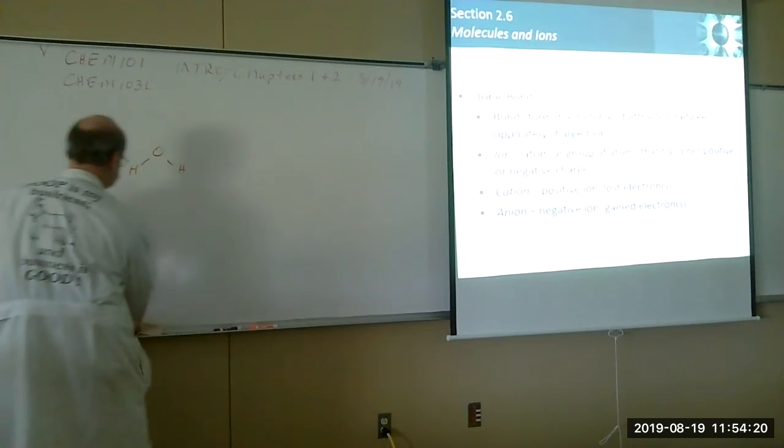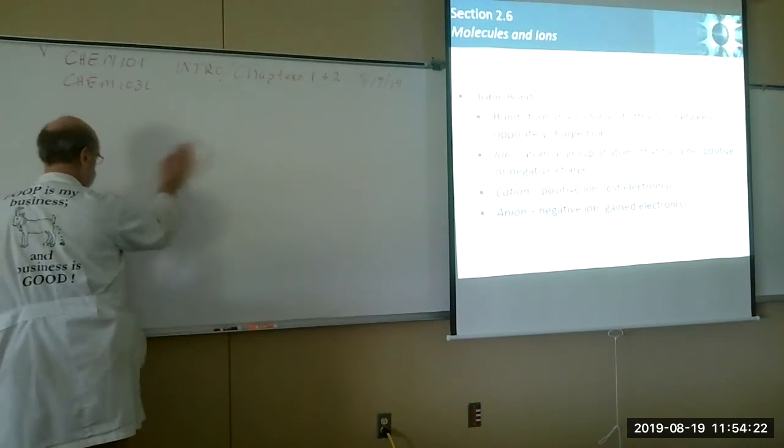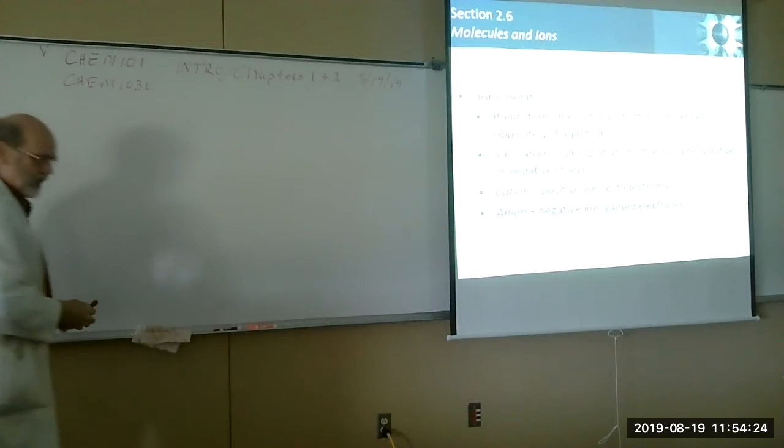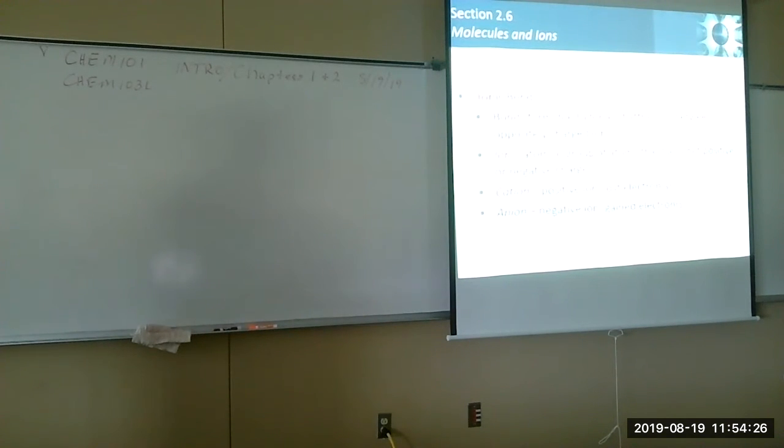Ionic bonds result when you have positive charges and negative charges of different atoms established, and then the bonding itself is purely electrostatic. And those bonds are weaker than covalent bonds.